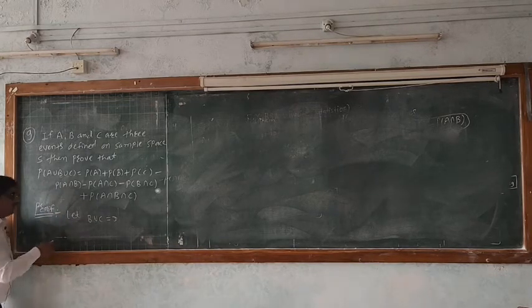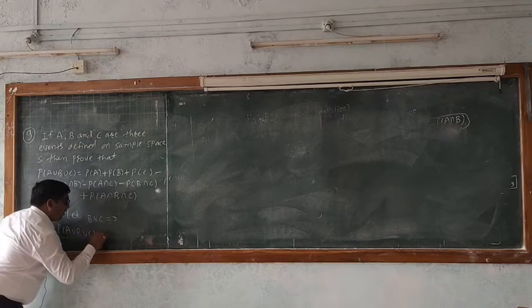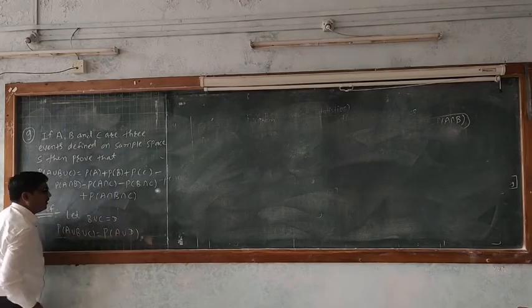So probability of A union B union C equal to probability of A union D, right?